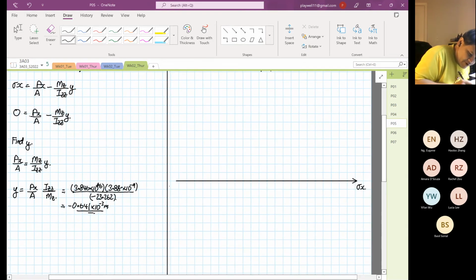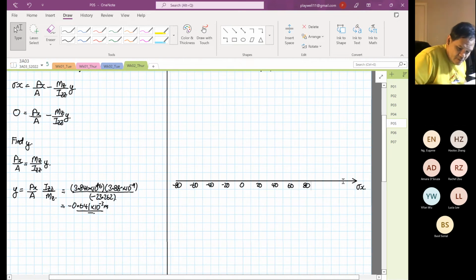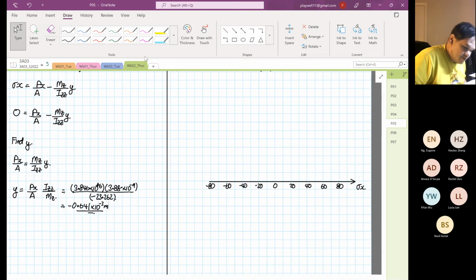So I'm going to start with minus 80, minus 60, minus 40, minus 20, 0, 20, 40, 60, 80. I think this is more than enough. Okay, so this is our normal stress X, and from here, our vertical axis is y.